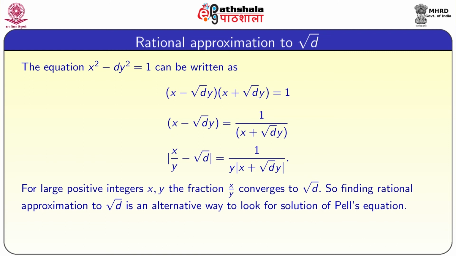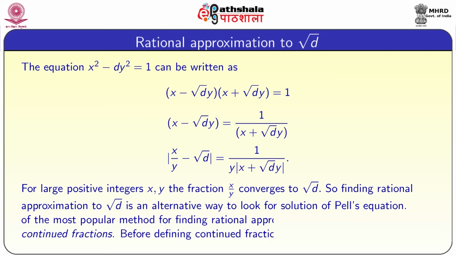For large positive integers x and y, the fraction x by y converges to root d. So finding a rational approximation to root d is an alternative way to look for a solution of Pell's equation. One of the most popular methods for finding rational approximations to real numbers is continued fractions. Before defining a continued fraction, we will see an example.